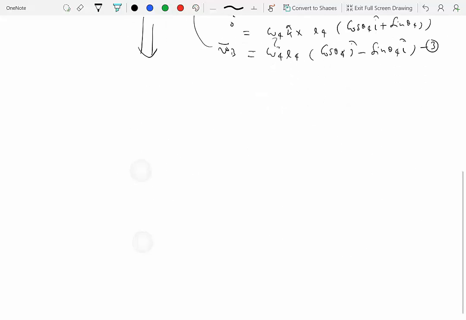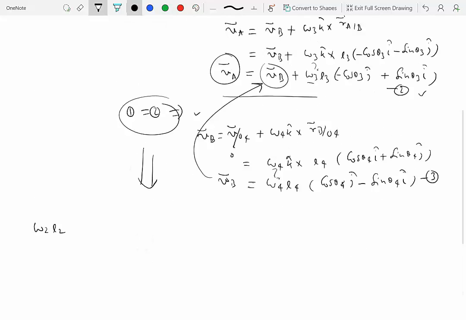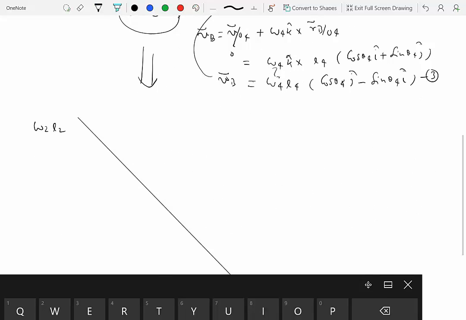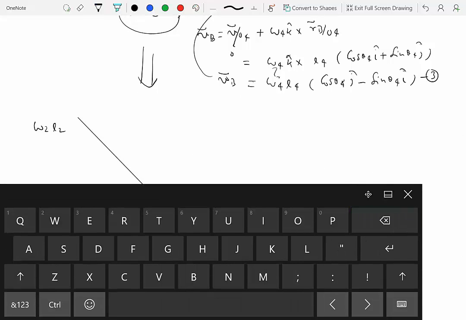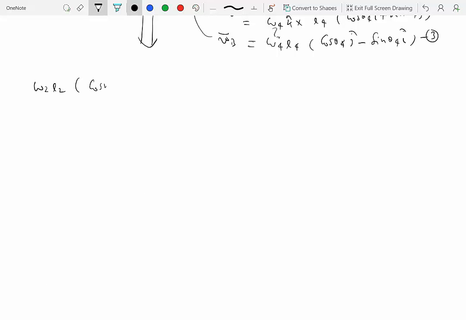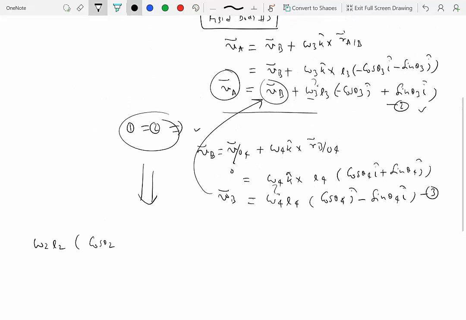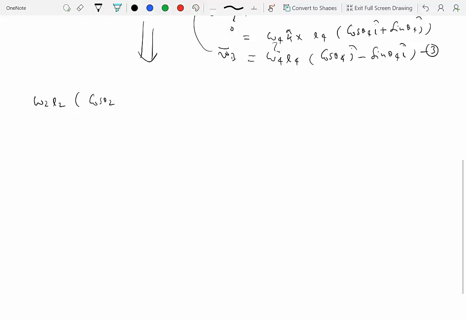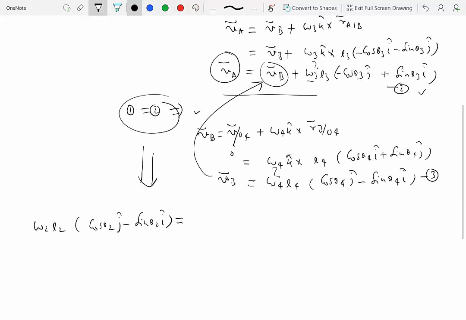So that's omega 2 L2 cosine theta 2 j hat minus sine theta 2 i hat, that is equal to VB. So let's write this first.